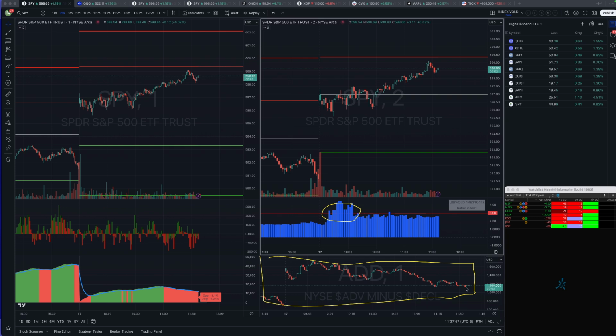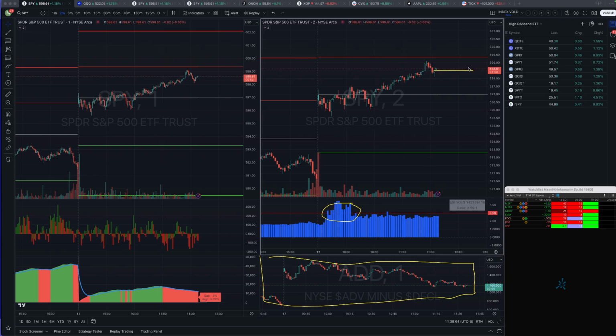This one's starting to drift off, so we could see either consolidation into the rest of the day, going sideways, or we could see this maybe fall off. But right now, it's holding above 1,000. I usually like to see it 1,600 to 2,000 if possible, if we're going to get a really seriously big uptrend day.